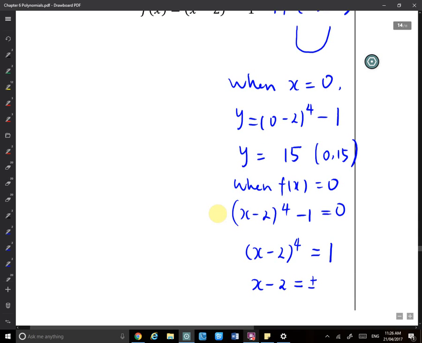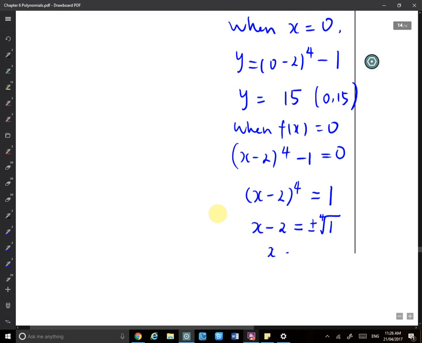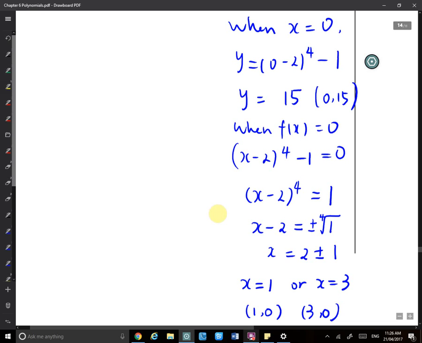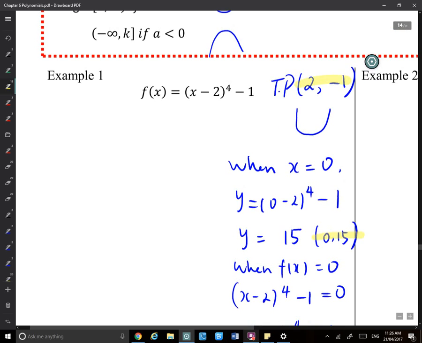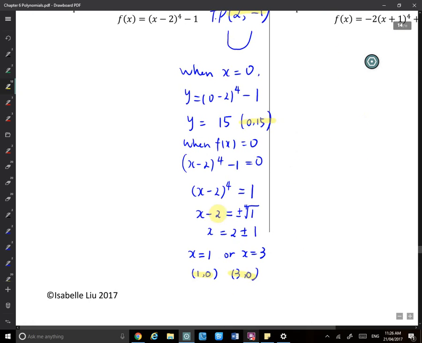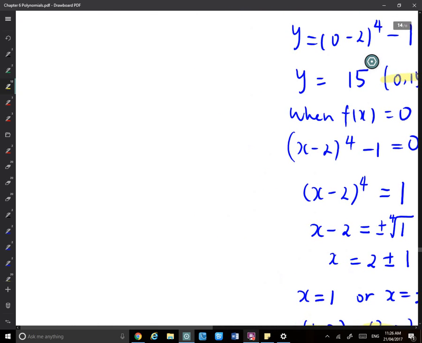So it's plus or minus the fourth root of 1. Then x equals 2 plus or minus 1. Then x equals 1 or x equals 3. So (1, 0) and (3, 0). The information you have now is (0, 15), (1, 0), (3, 0), and the turning point at (2, -1). Let's sketch this graph.